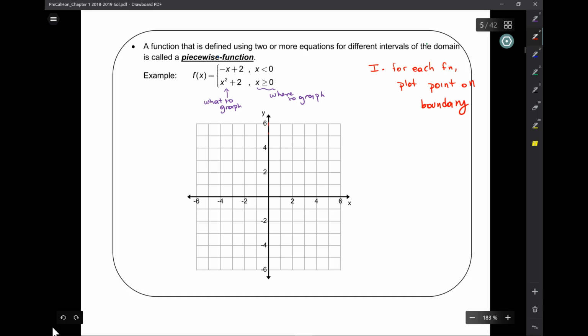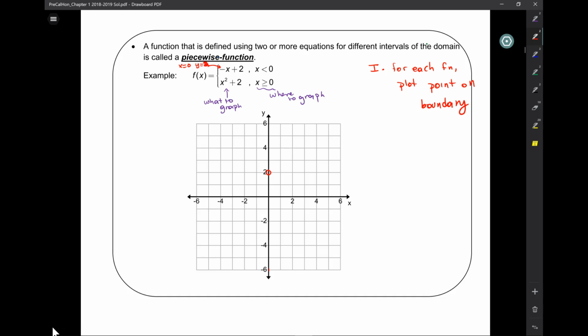Now normally we would say, let's have a dotted line as the boundary, and then in pre-calc, I want to take away those crutches as much as I can. So when x is 0, what's the value of the function on top? 2, right? When x is 0, y is 2. Now, here it's open. It's an open circle. So at x is 0, y is 2, I put an open circle.